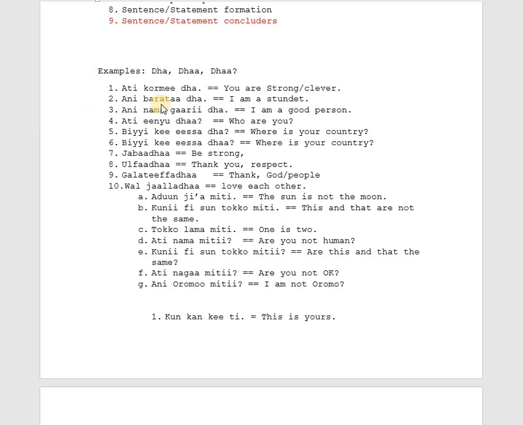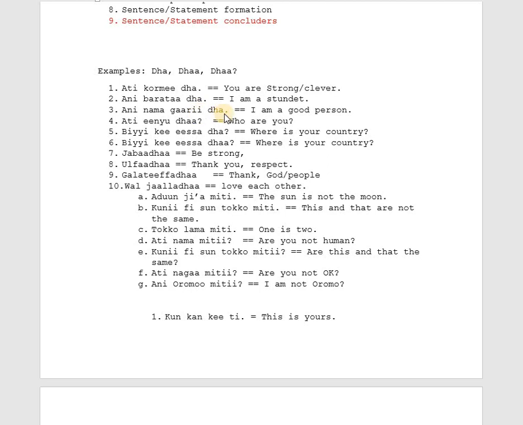Ani barattuudha, same. Ani barattuudha, I am a student. Ani nama gaarida, still the same. I am a good person. Ani nama gaarida.